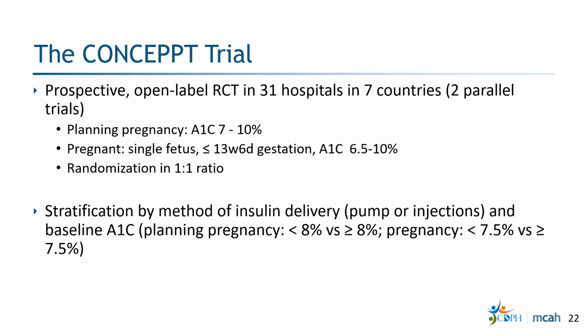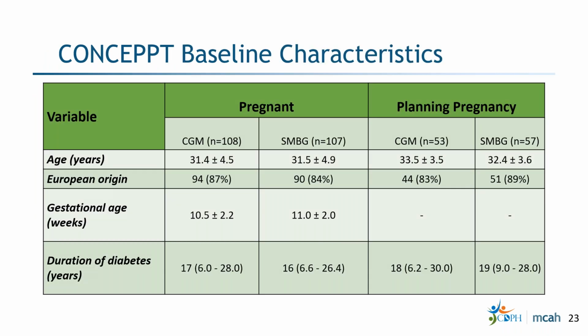It included women that were either planning pregnancy or were already pregnant prior to 14 weeks. They were randomized 1-to-1 to CGM or just continuing SMBG, and also stratified by method of insulin delivery, so it included women using insulin pumps as well as injections, and then stratified by baseline A1C as well.